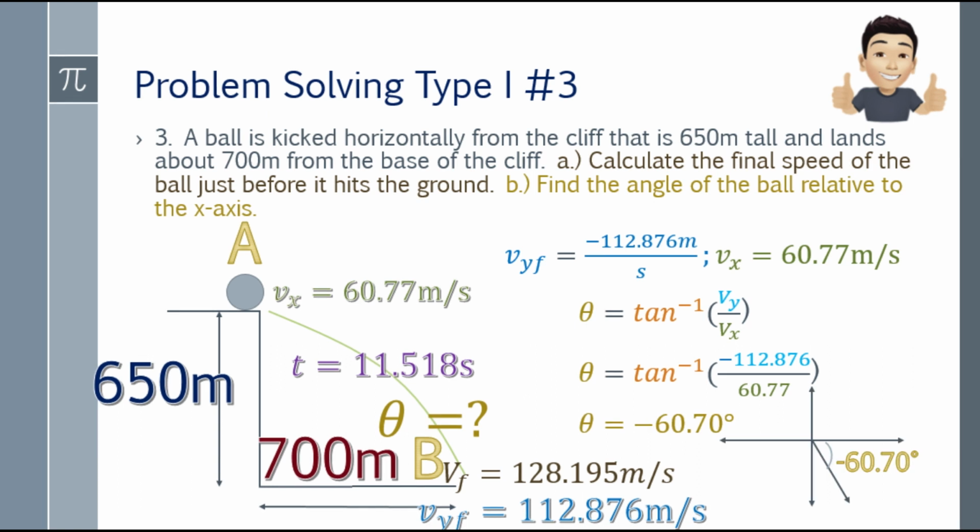Alright, so ano magiging itsura niya sa Cartesian plane? So dahil negative yung angle mo, magiging clockwise yan. As in the image dun sa screen nyo. So final answer natin, that will be negative 60.70 degrees. That's the angle of the ball relative to the x-axis. And the final velocity just before the ball hits the ground, that will be 128.915 meters per second.